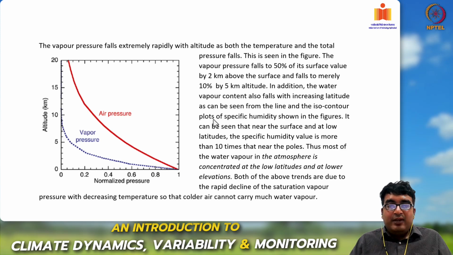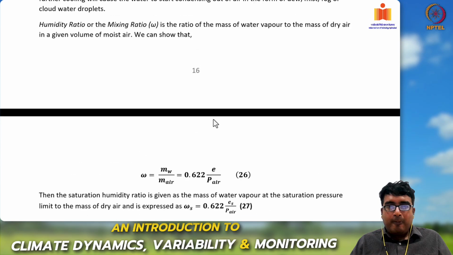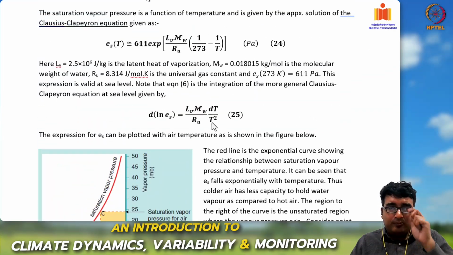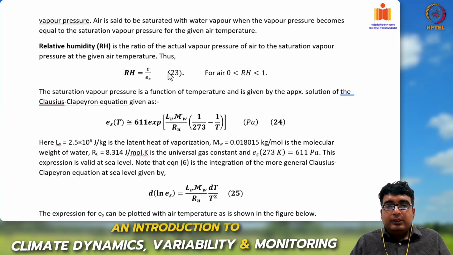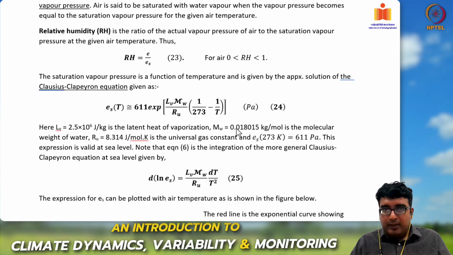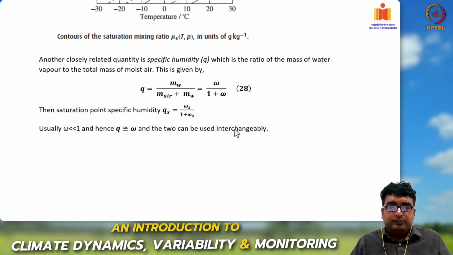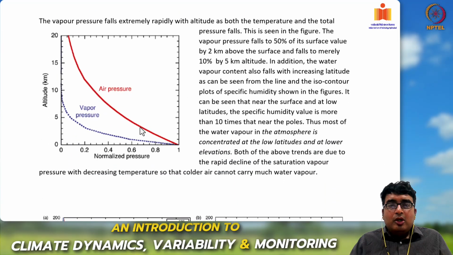Now if you look at the vapor pressure expression, it's the relative humidity times the saturation vapor pressure, correct? So here in this plot, what we are looking at is the pressure in terms of altitude, okay, and it is normalized pressure.